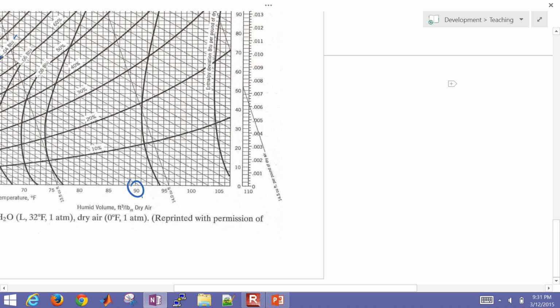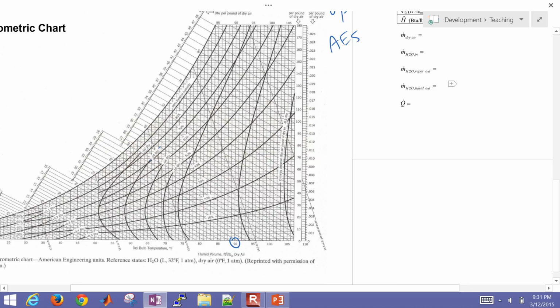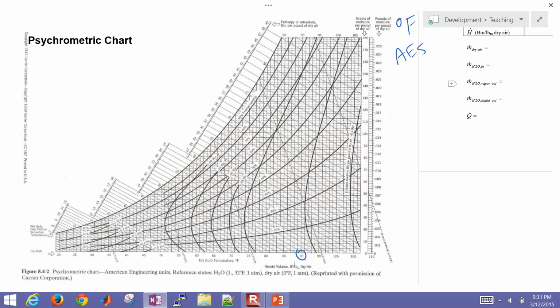So there's my 90 degrees, and then let me get 80% relative humidity, and let's see where those two are going to intersect. It's going to be right up at the top. I'm going to try to draw a straight line right up here. There's the 90 at the top as well, and then 80% humidity, so it's right here.